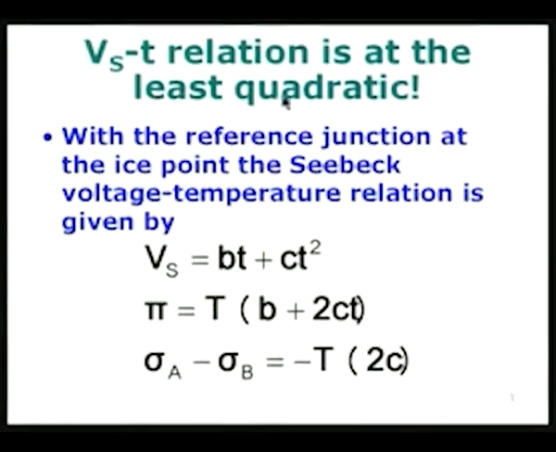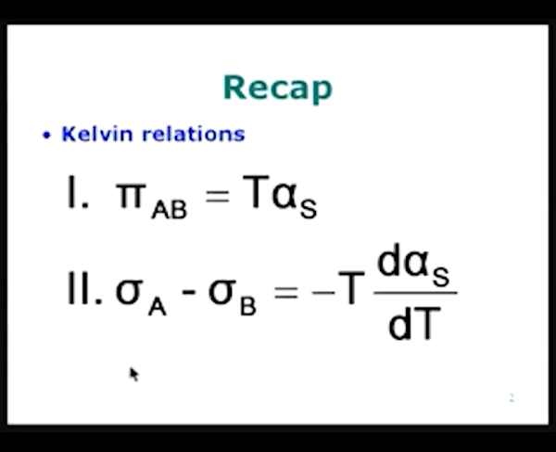V_S versus t relation by requiring that at least it should be a quadratic, because if you go back to the previous slide, I see that the Peltier coefficient is proportional to alpha_S. Alpha is nothing but dV_S by dt, the rate of change of V_S with respect to temperature.